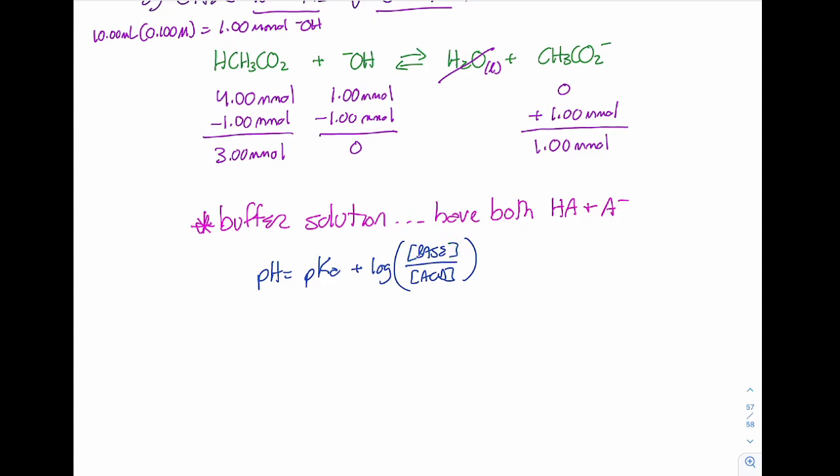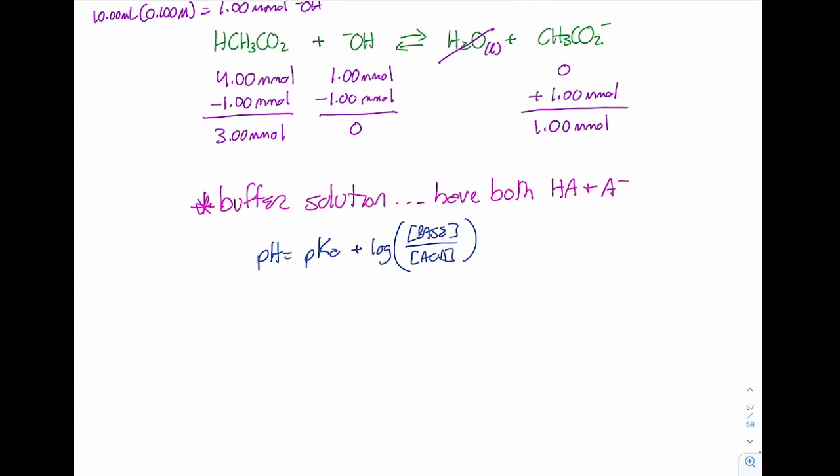So moles per liter or millimoles per milliliter. Right now I have the number of moles, I have my amount, not my concentration. So we do need to calculate that first. My concentration of acetic acid is going to be my number of millimoles divided by my total volume at this point in milliliters.